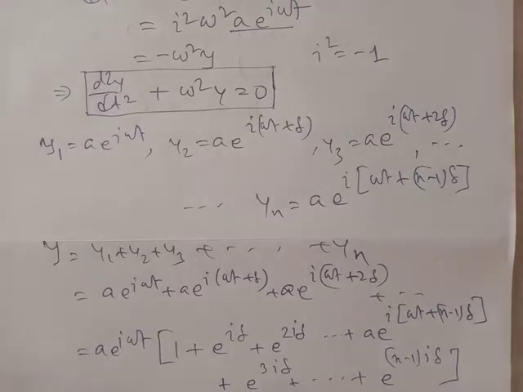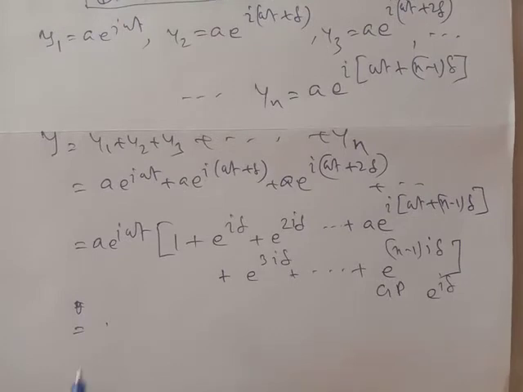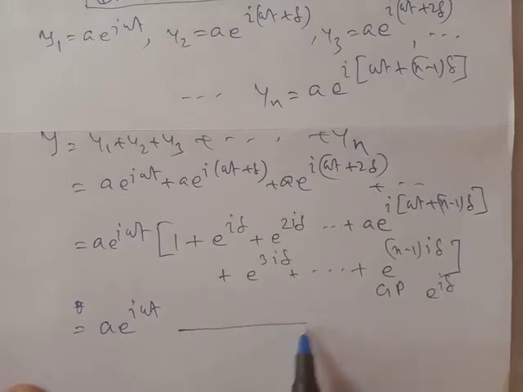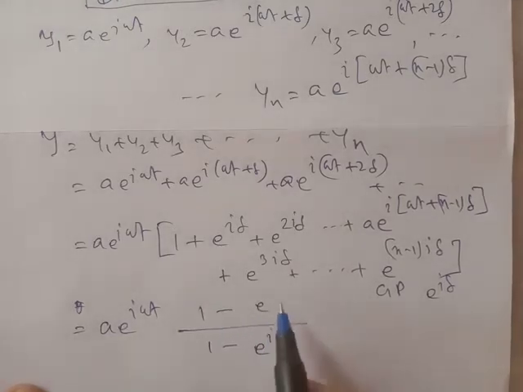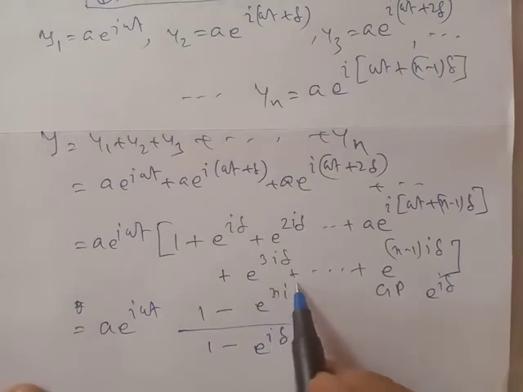Now you will see that this is a GP series having common ratio e to the power i delta. Then that will be equal to a e to the power i omega t. So you can write like this, 1 minus e to the power n i delta divided by 1 minus e to the power i delta.